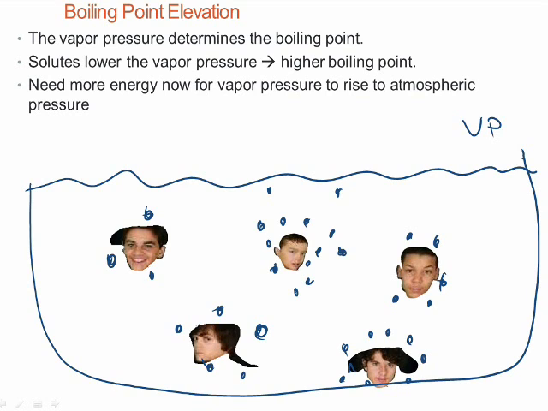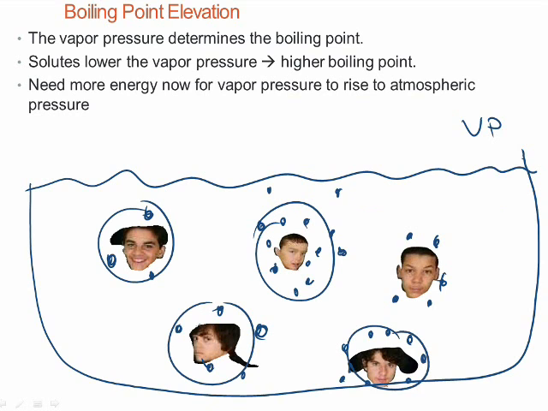Instead of saying, hey, 3 o'clock, you can leave, we're going to have to say, get out, get out. We're going to have to really apply some energy. We're going to have to physically push you out. And notice as we add more and more of the solute in here, the vapor pressure got less and less. Now what happens if we add Varsity Fan Club?